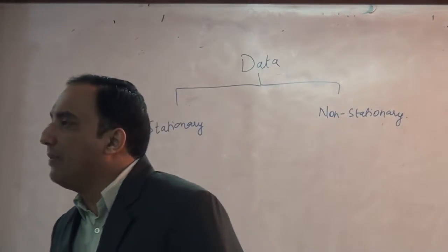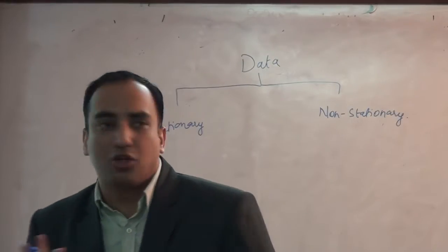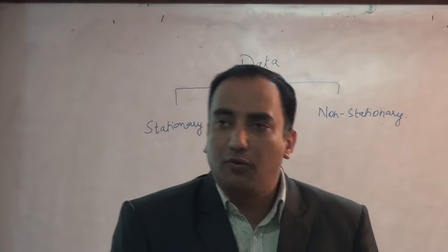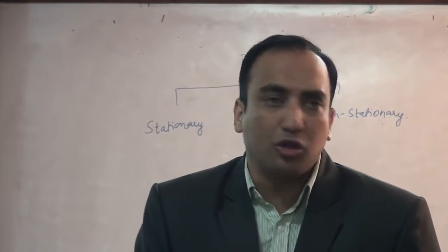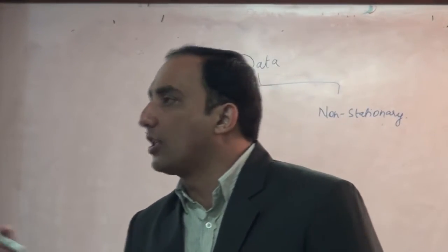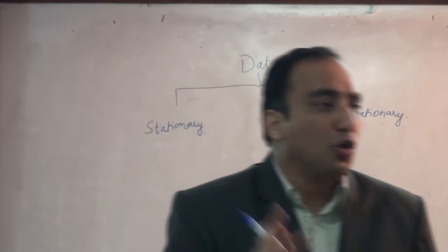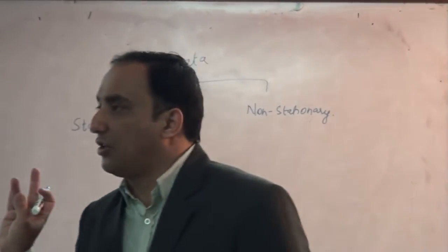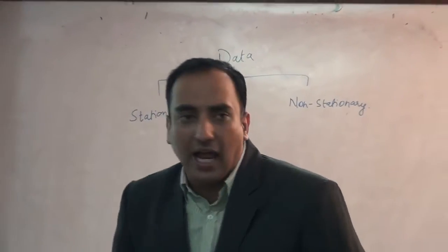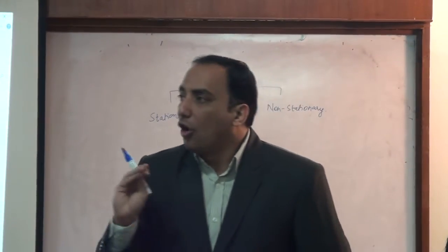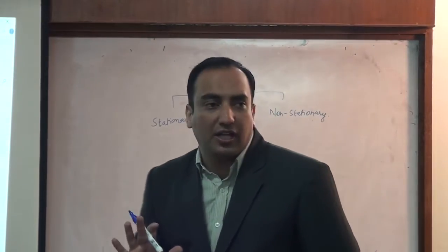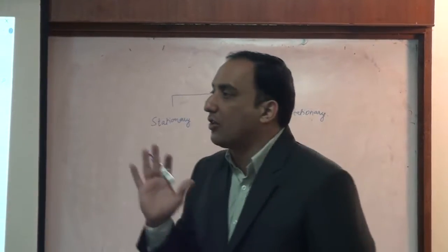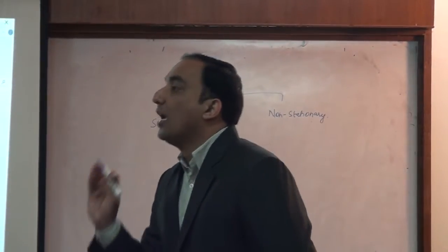Stationarity can only be tested for data in ratio scale. If some of your data is in ordinal scale, or you have a dummy variable, you don't have to check for stationarity. Again I am repeating, if some of the variables in your data set are not in ratio scale, you don't have to test their stationarity.